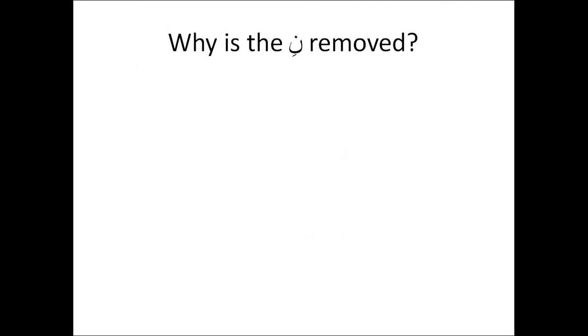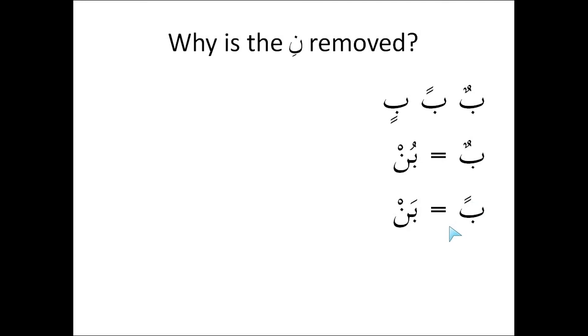Why is the noon removed from the dual? Consider these three letters. Ba with two dhammas, ba with two fathas, and ba with two kasras. If we were to pronounce them, we would pronounce them as bun, ban, and bin. Now if you look over here, we could rewrite bun as ba with one dhamma and noon with a sukoon. These are virtually identical.